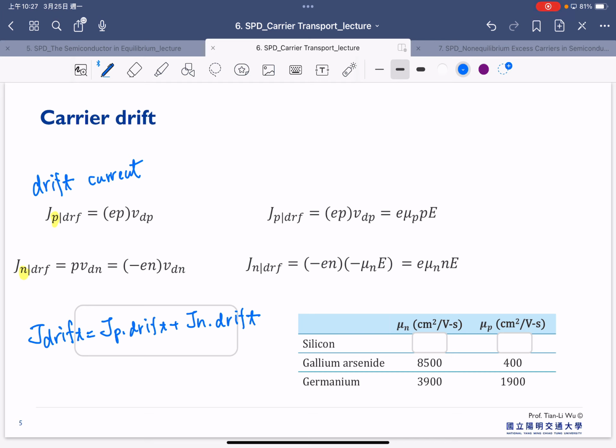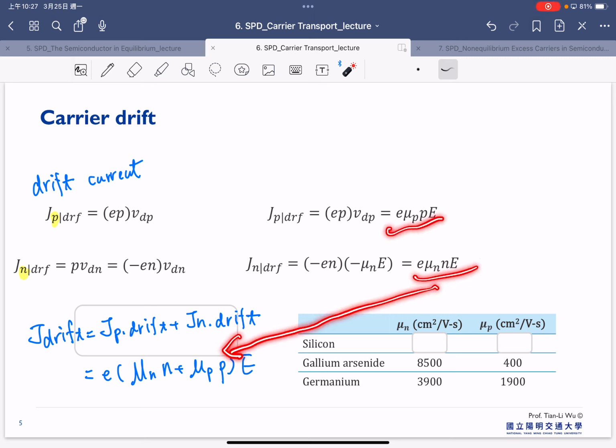The total current for sure is a combination of the electron and the hole current, and therefore you can have mu n n plus mu p p times E here. So that just puts this together. This one will become this one.